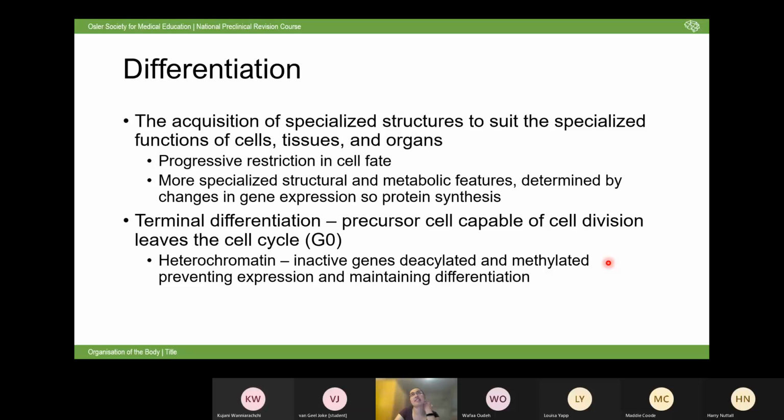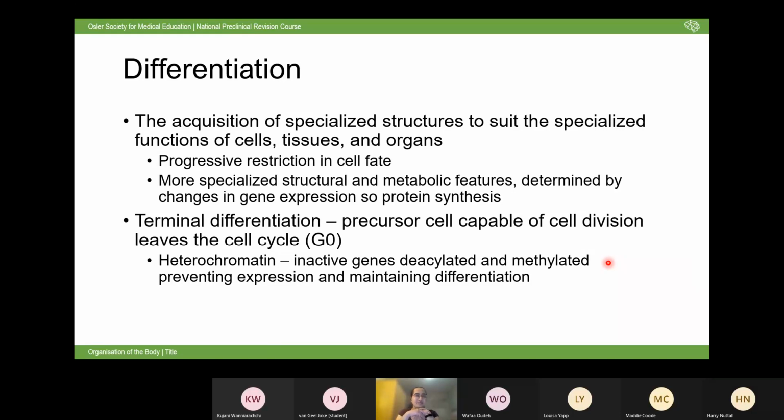And differentiation is essentially, if we're thinking about embryogenesis, then we start with a fertilized oocyte, and that oocyte then generates an embryo, which generates an organism that has a bunch of different organs in it. And so clearly during that process, we've gone from one cell that then generates a lot of different types of cells.